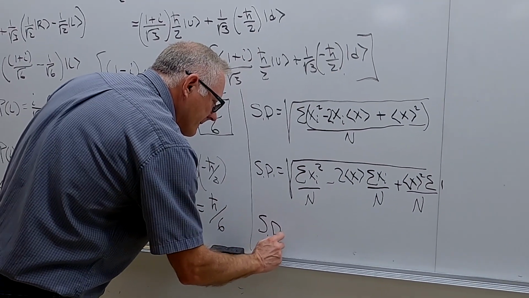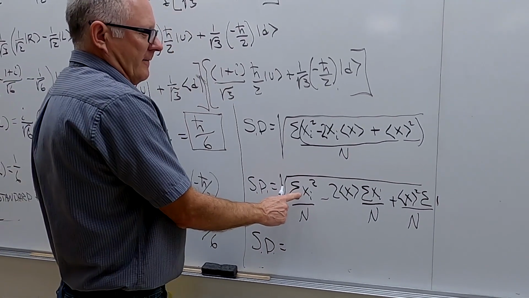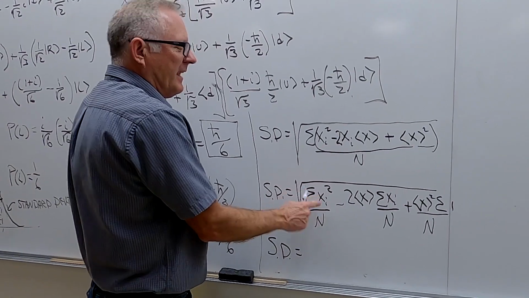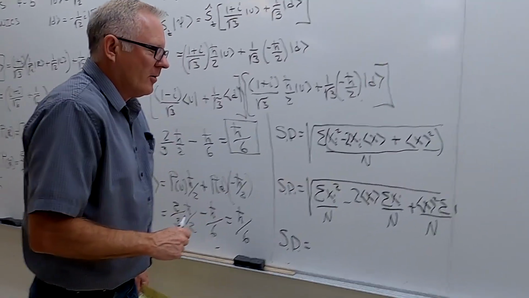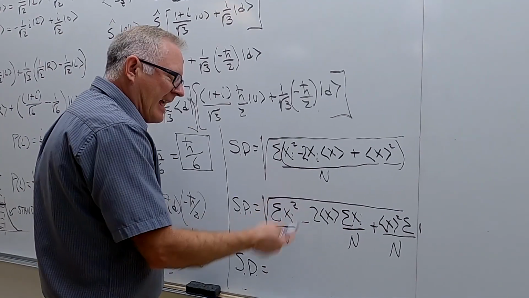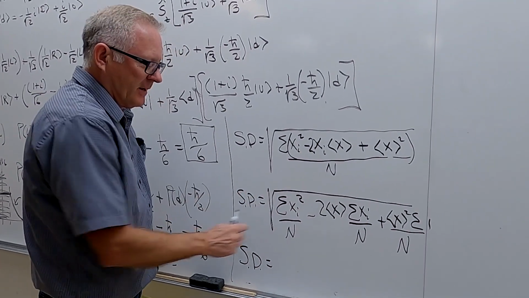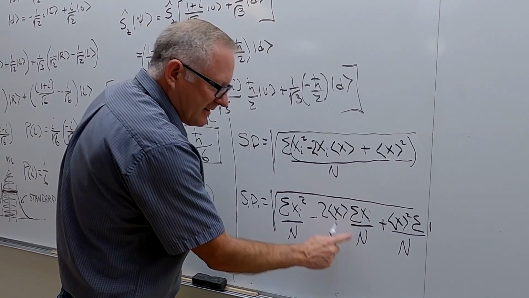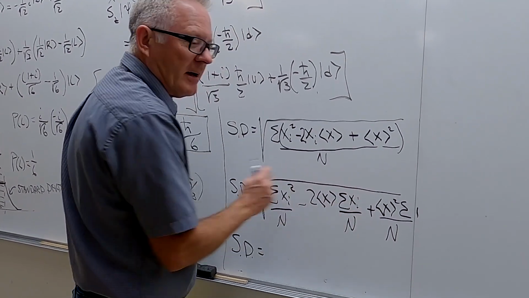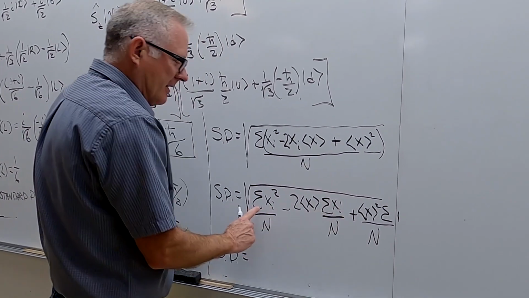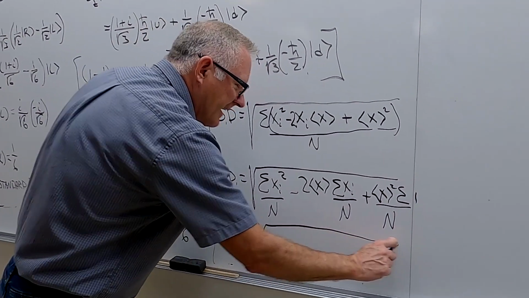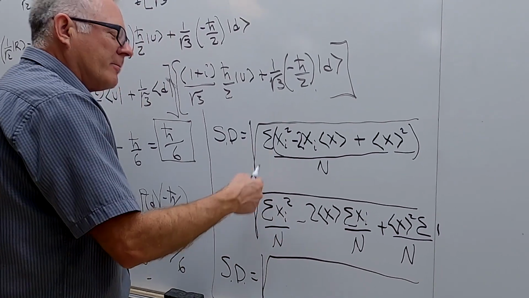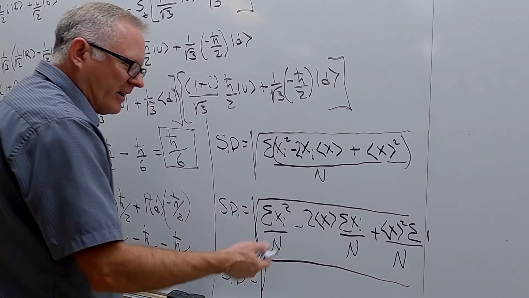Now you notice right here, you're taking the square of each number, adding them all up and dividing by n. Well, what is that? That's the average of x squared. When you add them up and divide by n, that's the average of x, but this is the average of x squared, because you're taking x1 squared plus x2 squared plus x3 squared and dividing by how many there are.